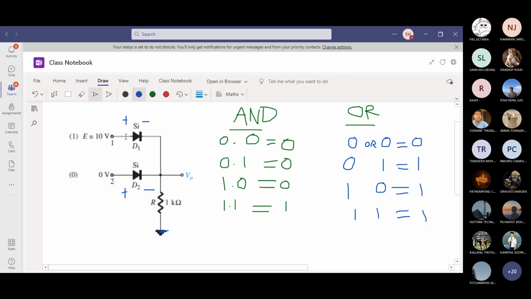10 volt is more than enough to turn it on. Once it is turned on, you have 0.7 volts. Let's look at the second diode. You have 0 on anode, and also on the ground it looks like 0. Is it on or off?